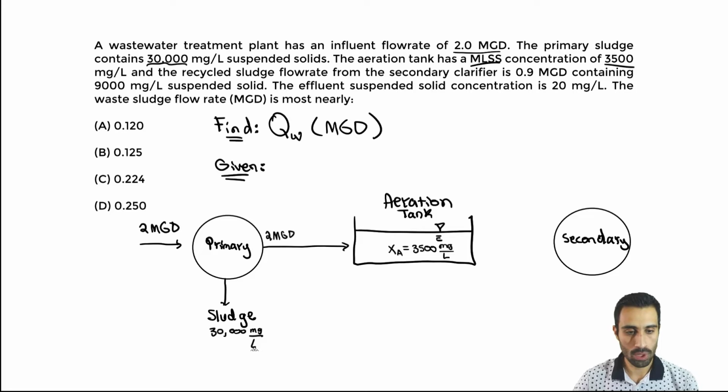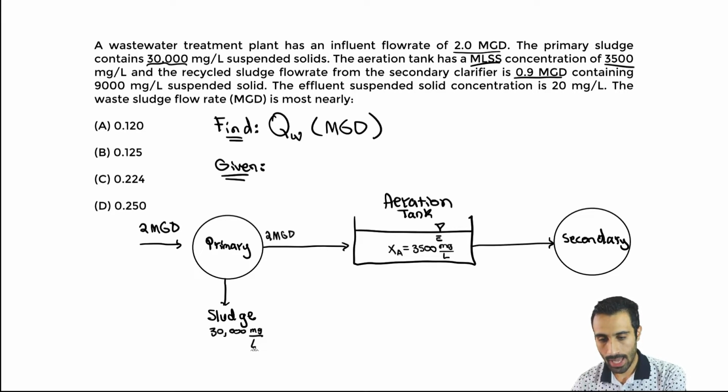So from there, we're told the recycled sludge flow rate is 0.9. So now we want to note that this comes in and we have some flow that comes out. And we know from the secondary, we do recycle some flow and it goes back. And we will go in here.